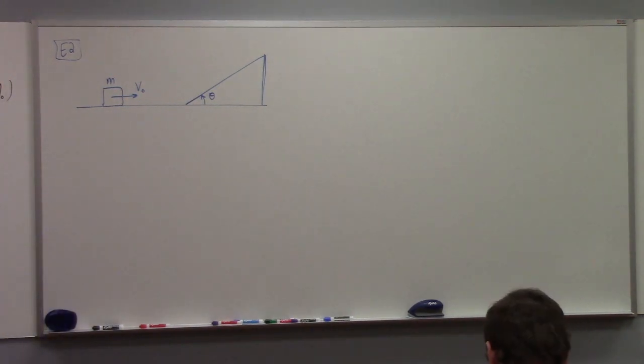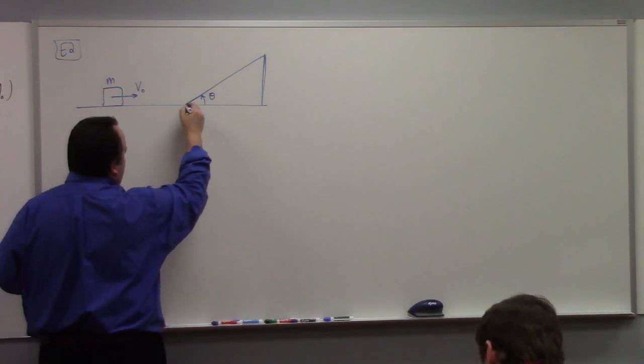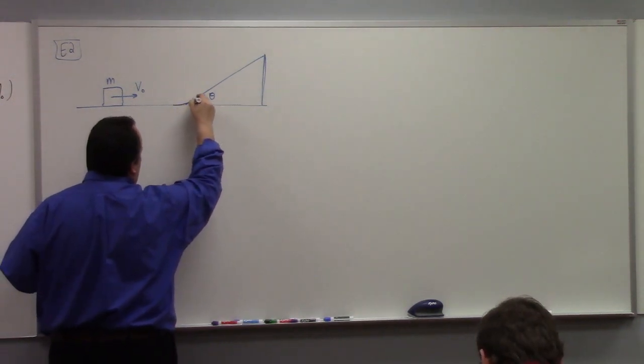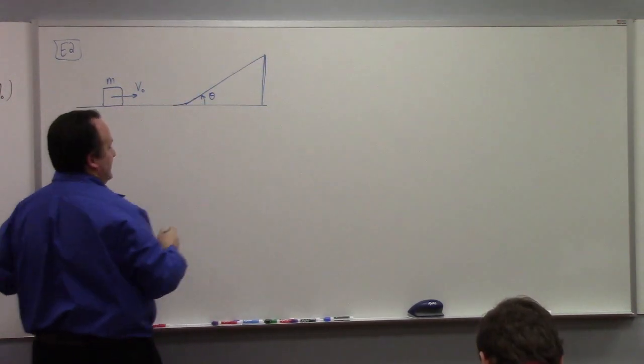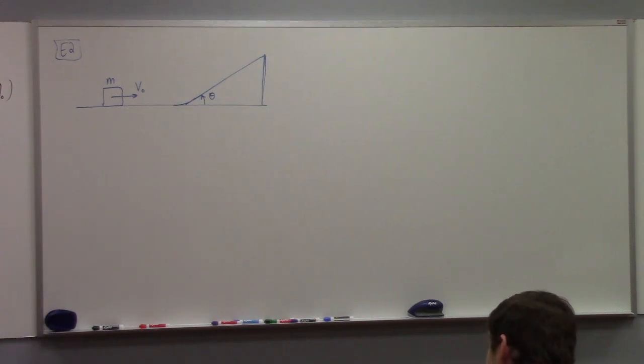Whatever annoying details there are about it going from the flat part to the incline, we're going to ignore those. We'll assume it makes a smooth transition, maybe with a nice rounding, so it won't fall over or do anything funny.